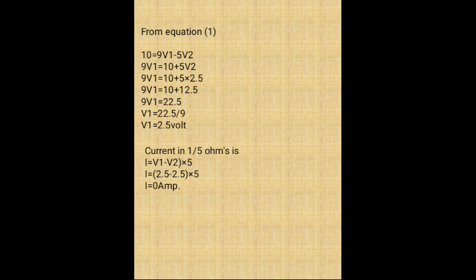But from the equations, V1 = V2 = 2.5. So the value of current is equal to 0. We know that when two points are equipotential points, there will be no current flow between them. So the value of current will be 0 ampere.